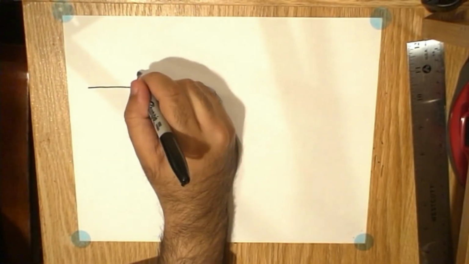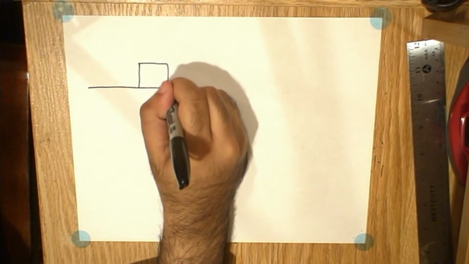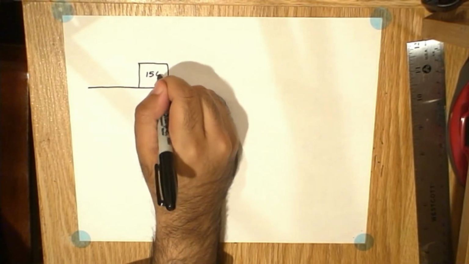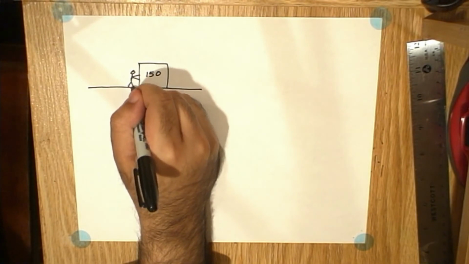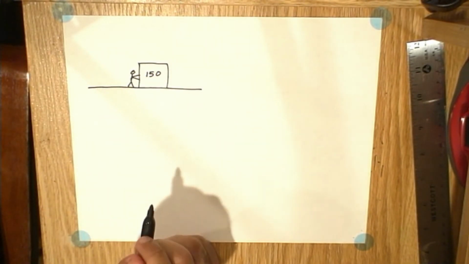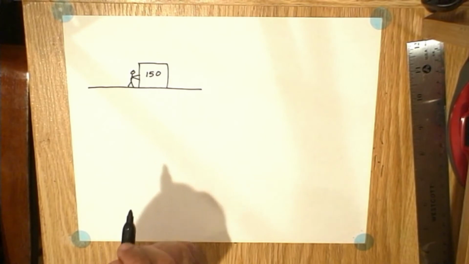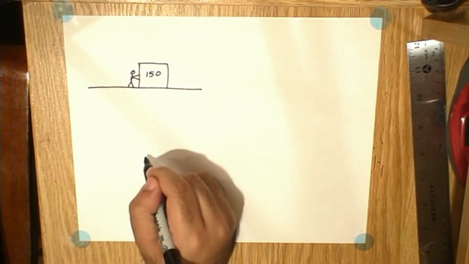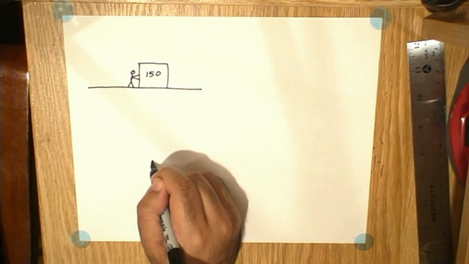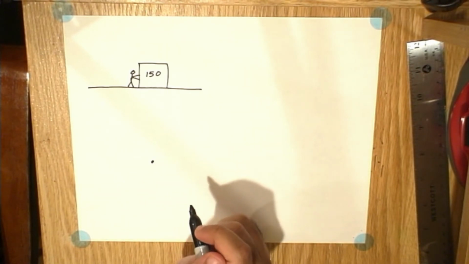We start this question, as usual, by drawing a picture. Here is a 150 kilogram box, and you are pushing it along the floor. Now, the question was saying that this box experiences friction. And the question that we have to find out is, what is the limit of static friction?